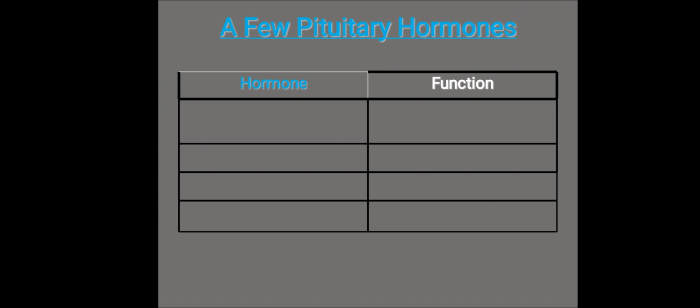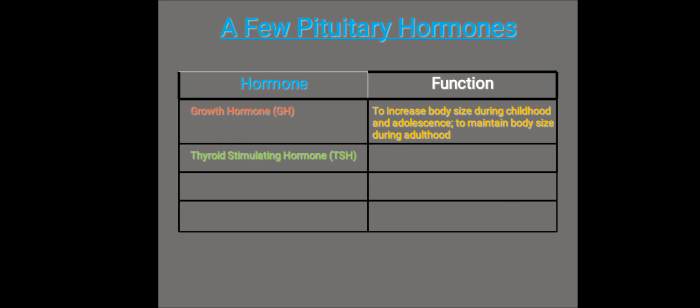Next, a few very important pituitary hormones. First is growth hormone. Its function is to increase body size during childhood and adolescence and also to maintain body size during adulthood. Next is thyroid stimulating hormone, that is TSH, very important, which stimulates the thyroid to produce thyroxine.